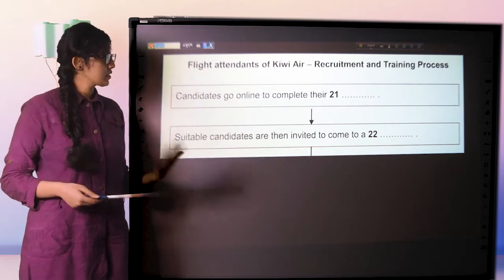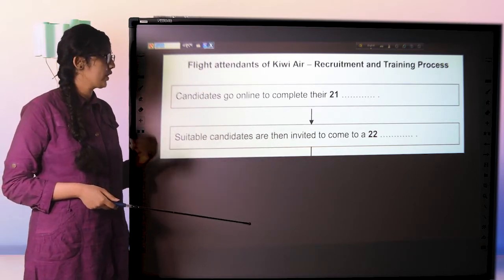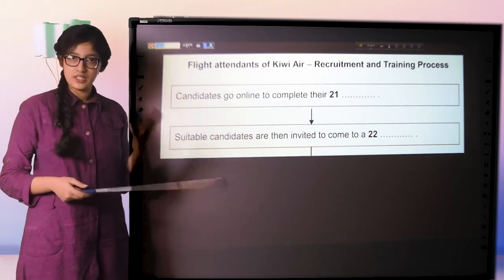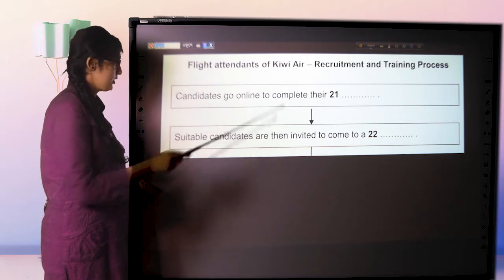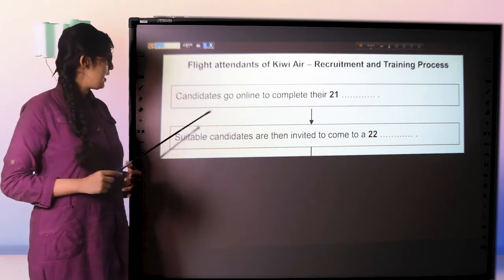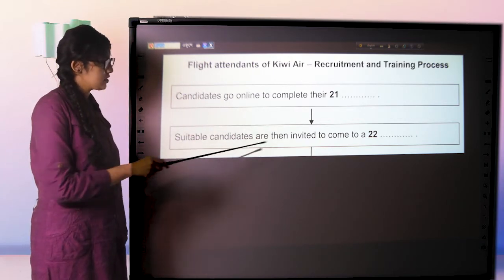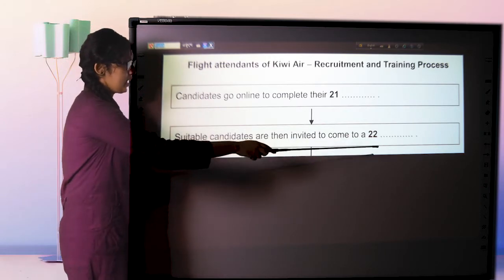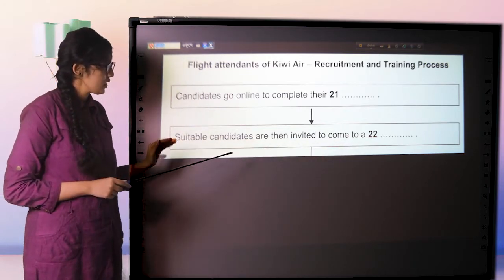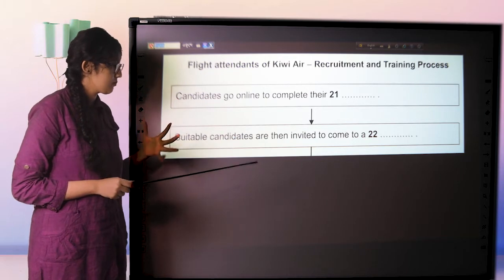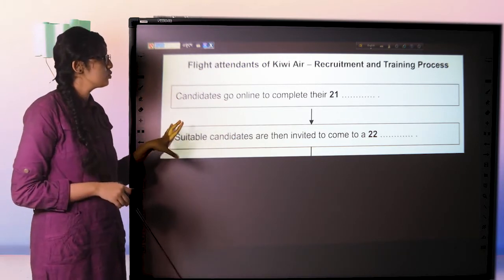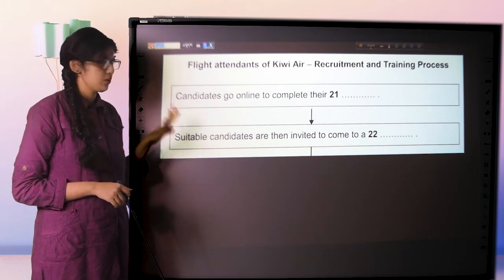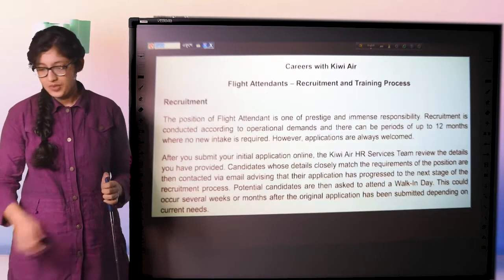So this is something related to going online to complete something. Keep that in mind, something related to online that the candidates need to complete. And the second one says: suitable candidates are then invited to come to a dash. So for 22, you need to look for something that the candidates are invited to. Keep these 2 points in your mind when you're reading the text.